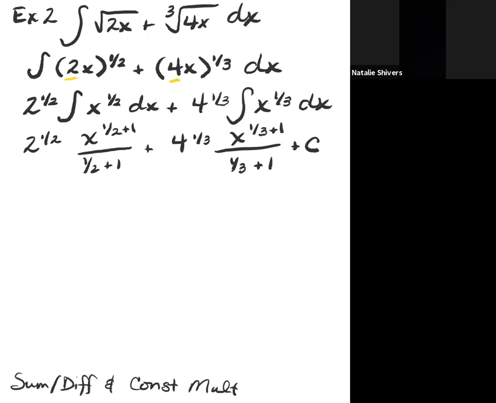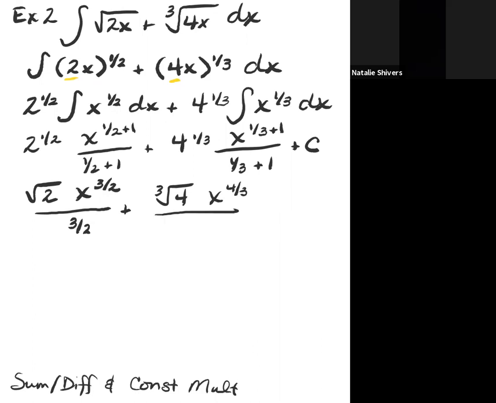All right, so I'm going to switch this to the square root of 2. This becomes x to the 3 halves over 3 halves plus the cube root of 4 x to the 4/3 over 4/3 plus c. All right, so no fractional exponents still.